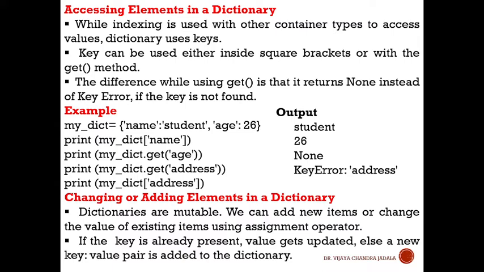Changing or adding elements in a dictionary. Dictionaries are mutable. We can add new items or change the value of existing items using the assignment operator. If the key is already present, the value gets updated; else a new key-value pair is added to the dictionary.